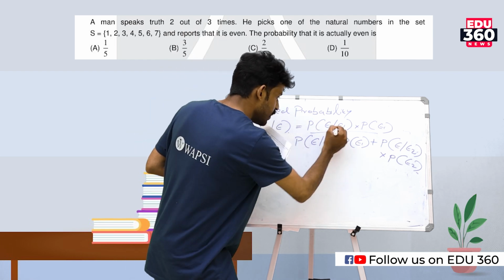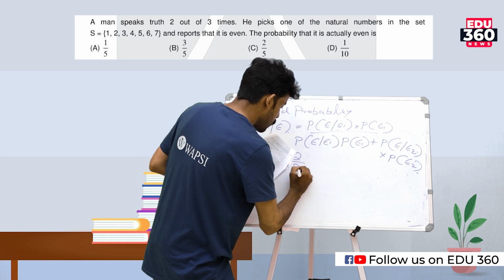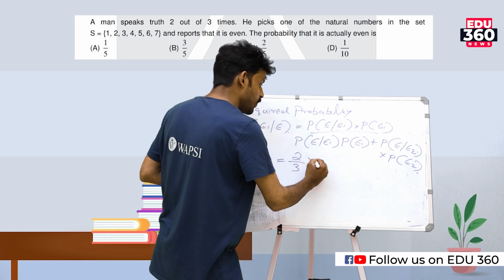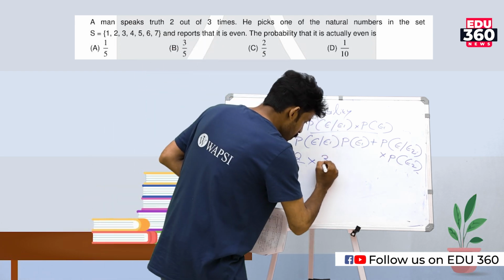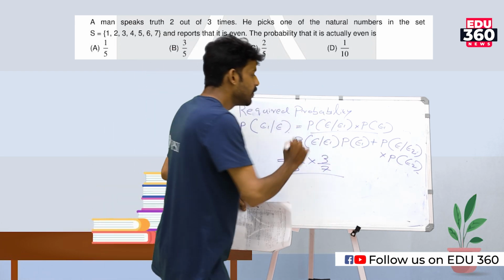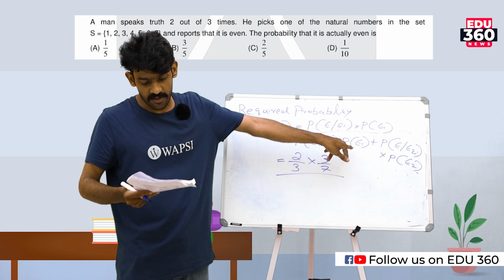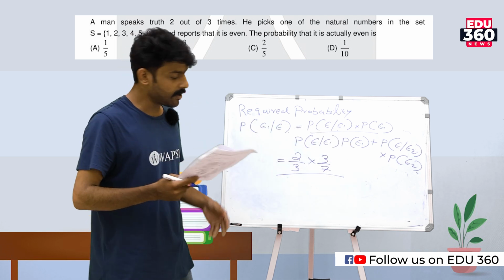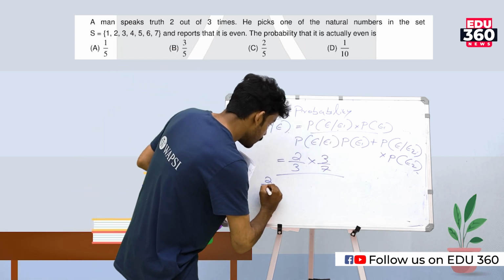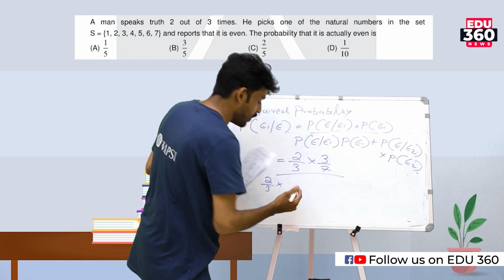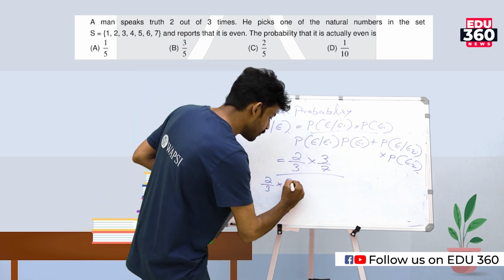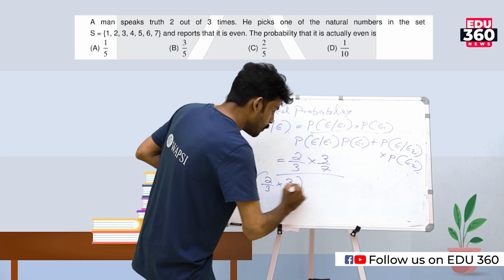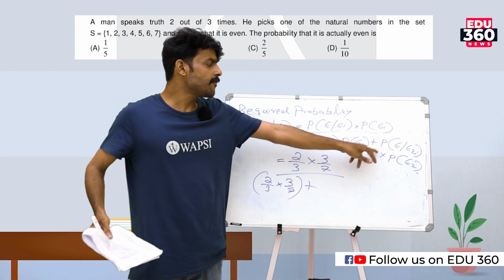So P of E bar E1 is 2 by 3, and P of E1 will be equal to 3 by 7. In the denominator, P of E bar E1 is 2 by 3 into P of E1, which is 3 by 7, plus P of E bar E2.